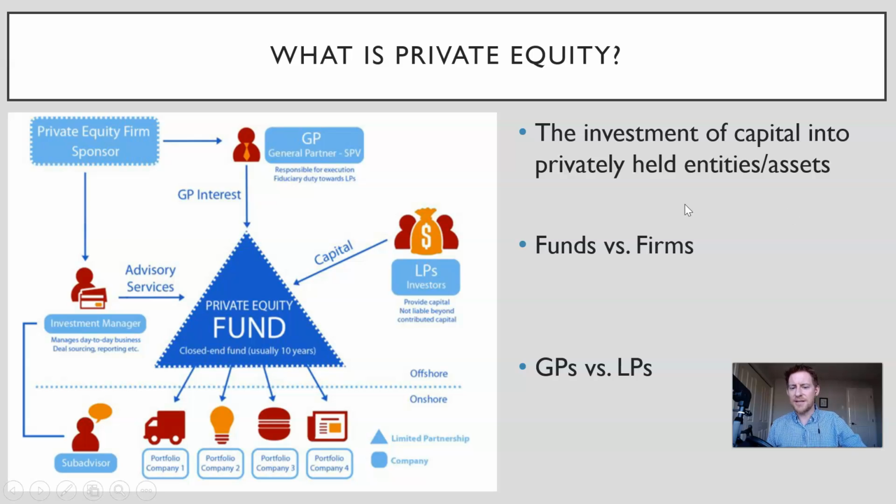So as you can see here, our private equity firm acts as our sponsor for any deals or for the fund itself. And they operate the general partner who essentially controls the fund, has all or most of the voting power, and carries all the liability.